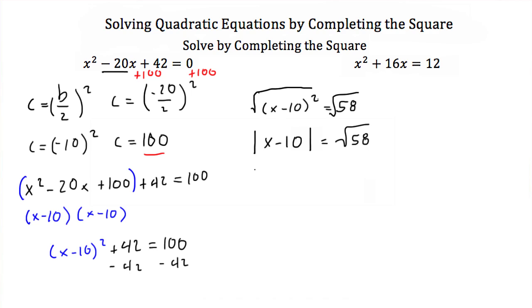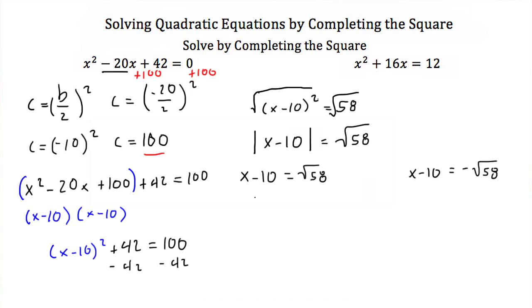Now when I drop the absolute value, I have to consider both the positive and negative versions of my answer. So we'll have two equations. x minus 10 is equal to the square root of 58, and we also have x minus 10 is equal to the negative square root of 58.